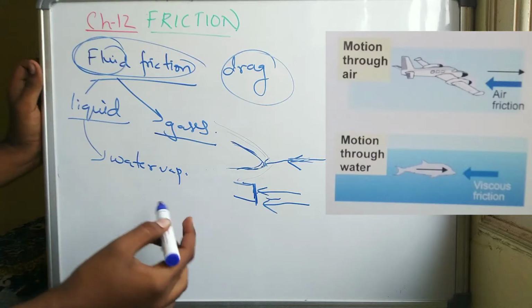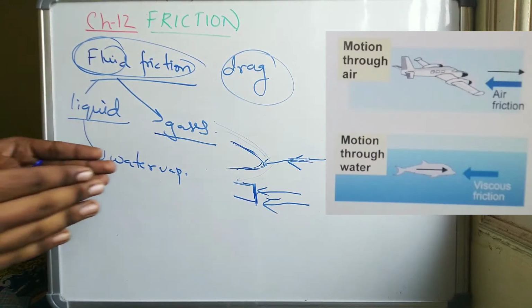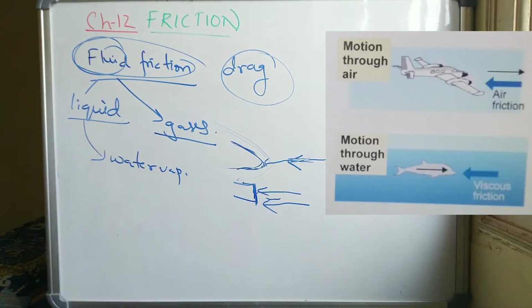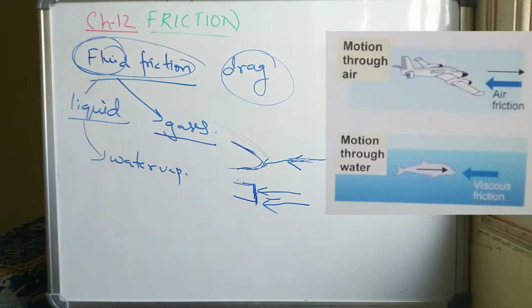Even ships have such a shape. If you observe the picture, you can see the pointed shape at the front. This is because liquid, water, ocean, sea, also exerts pressure.